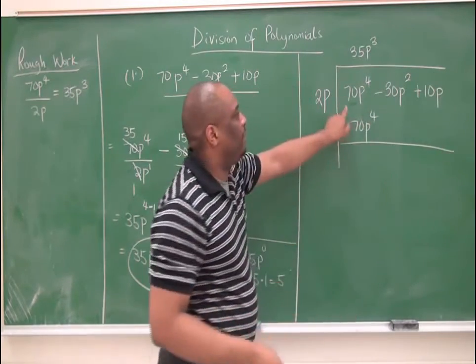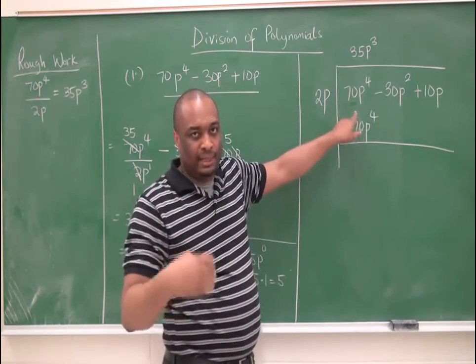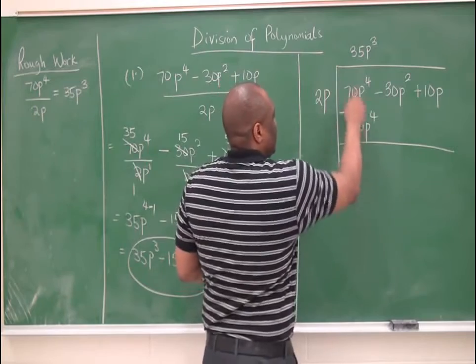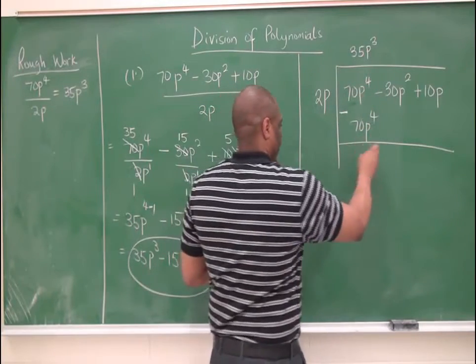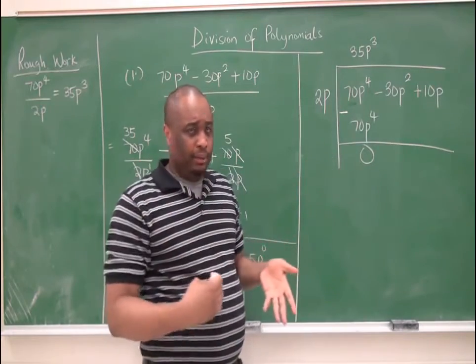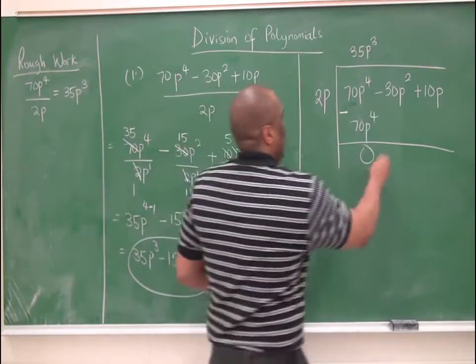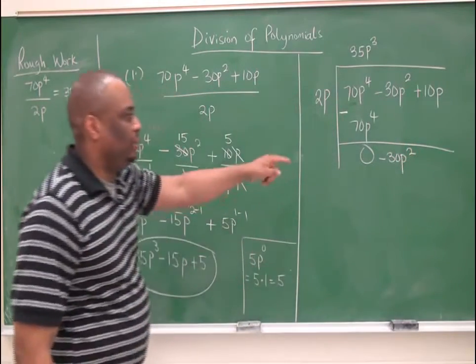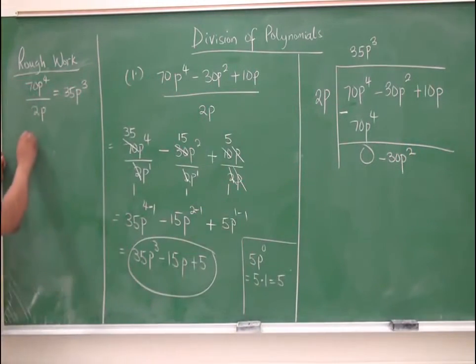And of course, in the division process, this is minus. So 70p4 minus 70p4 is 0. Then after that, you bring down minus 30p squared. Then you now do minus 30p squared divided by 2p.